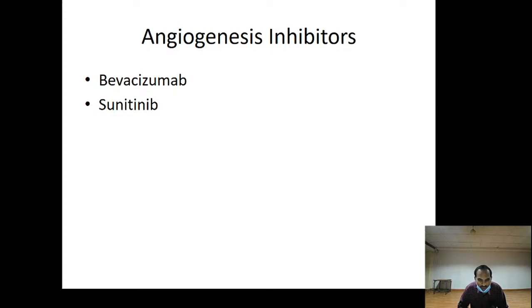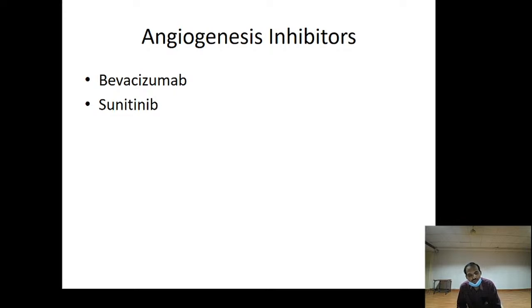Either it will not allow the vascular endothelium derived growth factor to occupy the receptor because the receptor is occupied by sunitinib, or once sunitinib occupies the receptors, it can prevent the signal transduction of angiogenesis factors when the growth factor binds to the receptor.